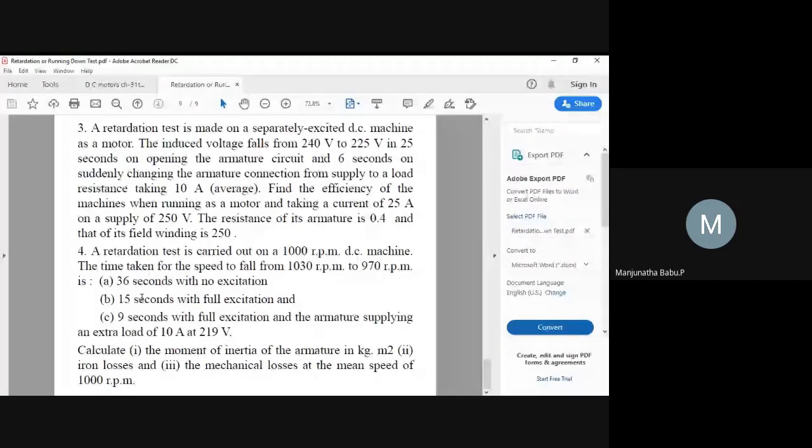So there you substitute the 3285 W value and find what is I. N is 1000 RPM.